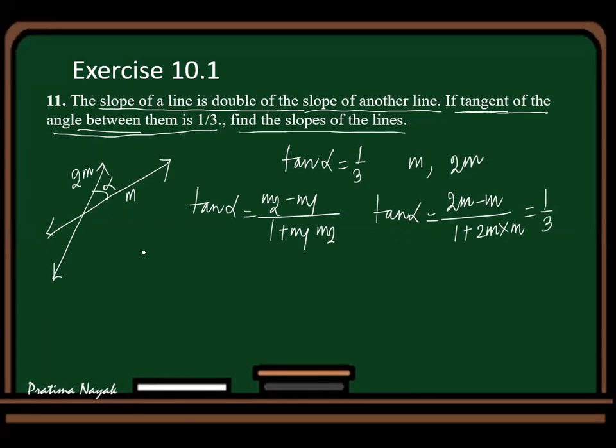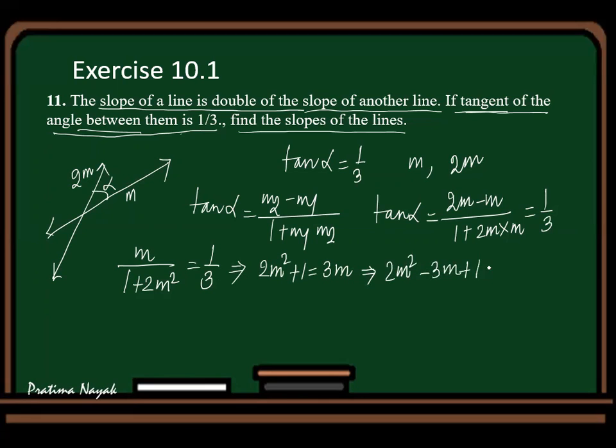So frame the equation: m by 1 plus 2m square is equal to 1 by 3. Cross multiply, you are getting 2m square plus 1 is equal to 3m, or 2m square minus 3m plus 1 is 0. Then solve this quadratic equation.